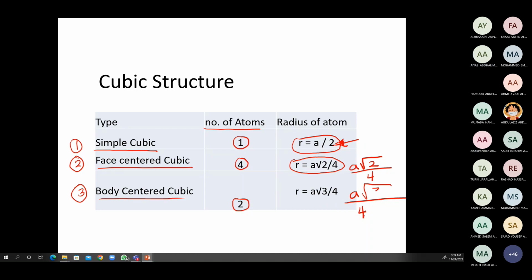Root 3. Yes. We have to memorize this table, right? Exactly. Memorize it fully. Clear? What is the 1 and the 4 and the 2?